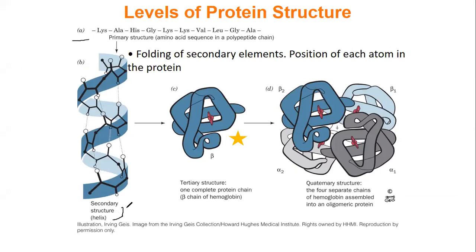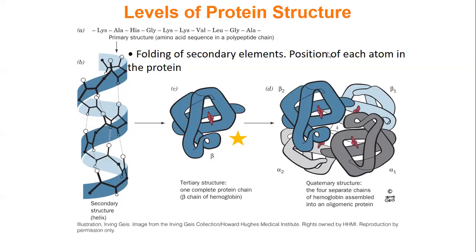Secondary structure is the local backbone conformation, your alpha helixes and beta sheets. And now we're talking about tertiary structure. Tertiary structure is simply the overall 3D conformation of one peptide chain, just one chain.